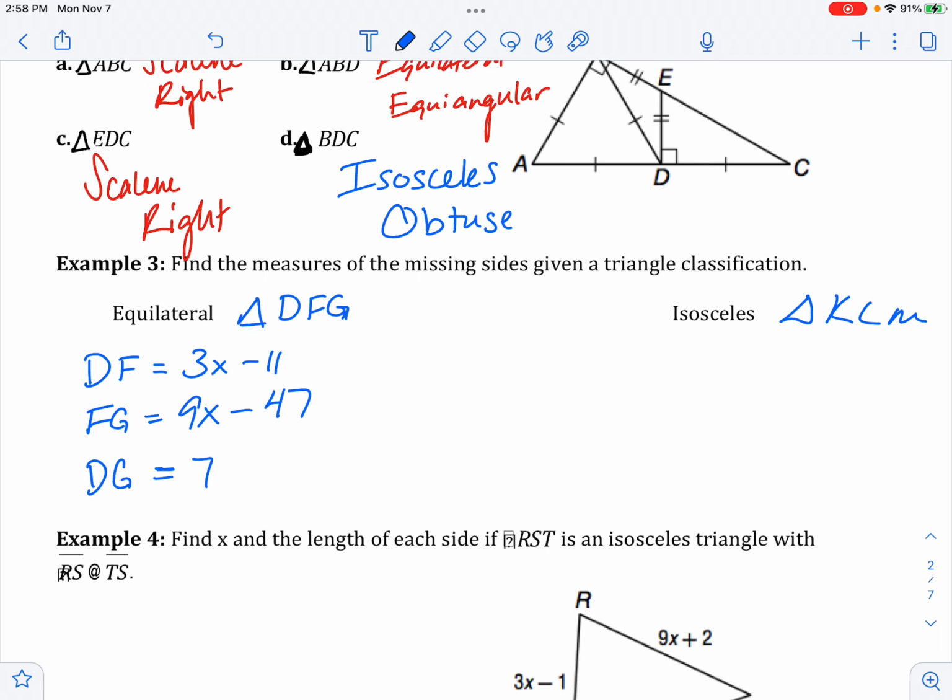For the isosceles triangle, I'm going to give you that KL and LM are congruent. So KL is 54, LM is 8x plus 17, and KM will go with 43.